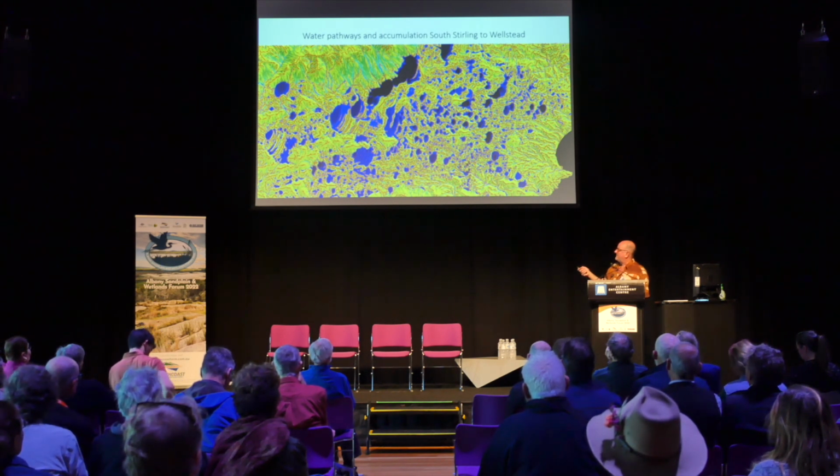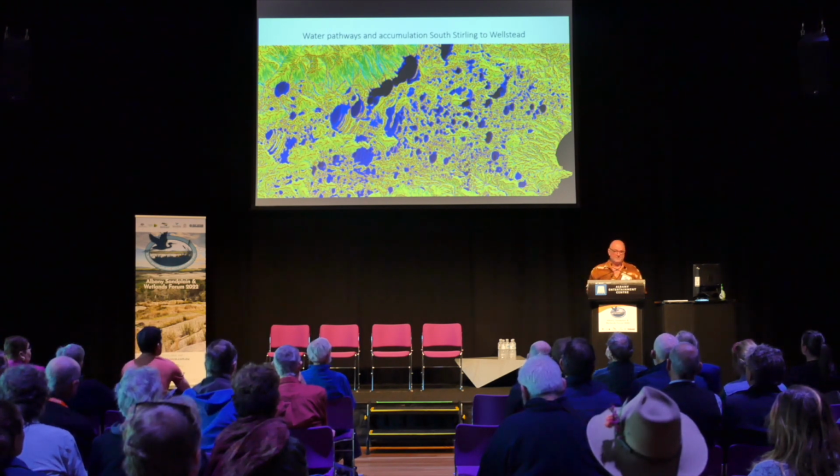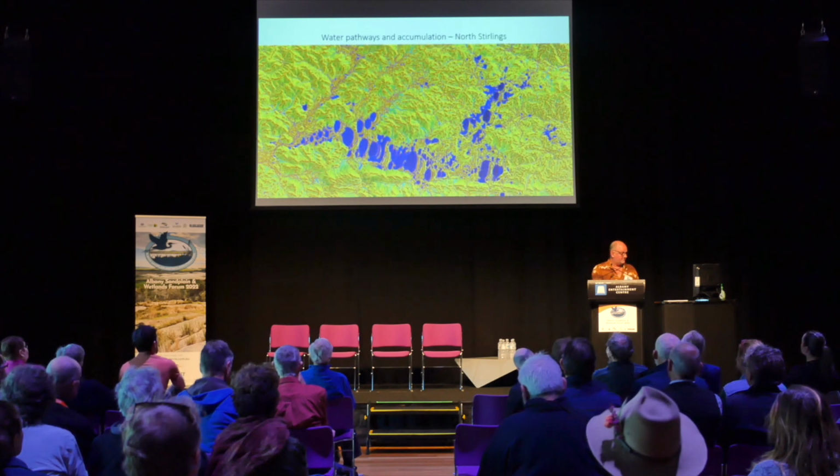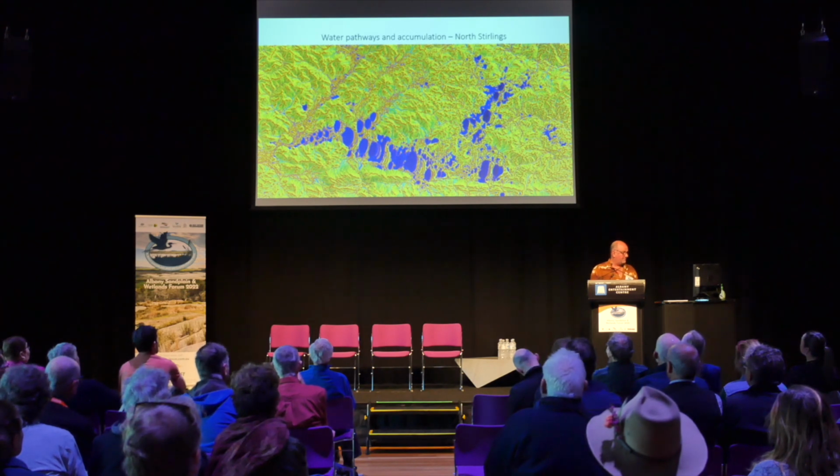But the flip side of that is anything that falls within that area is going to tend to stay in that area and just sink down or evaporate. And similar for the North Stirlings.